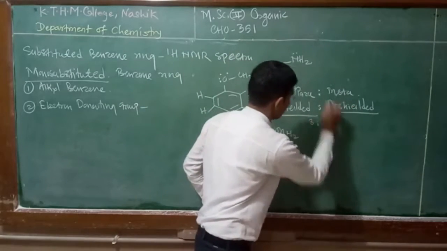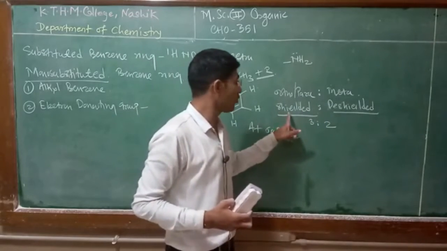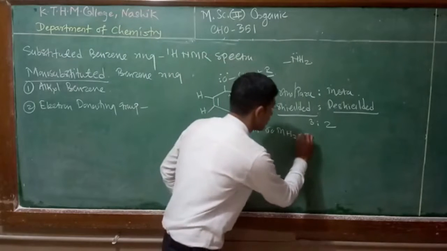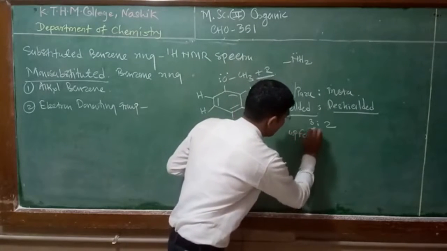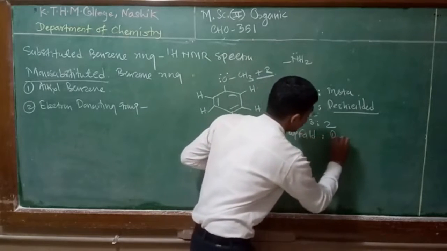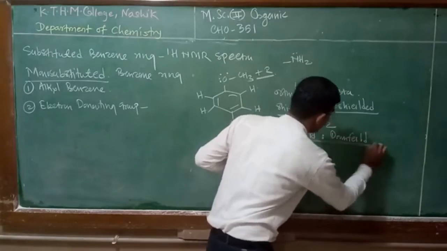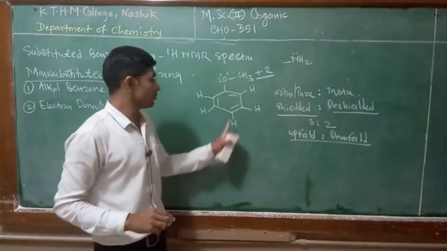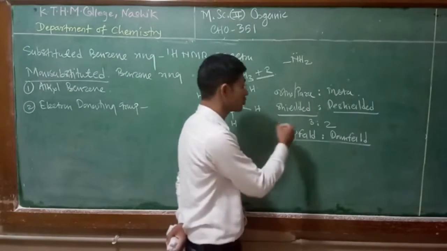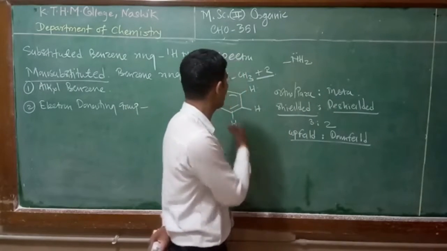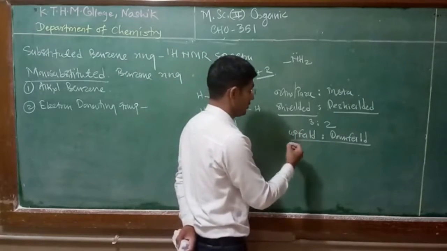Means ortho and para protons show the signal upfield, as they are shielded protons. For these two protons you observe the signal downfield. Means meta protons are deshielded as compared to these three protons. Means in 3:2 ratio you observe the signal upfield and downfield in the case of strongly electron donating groups.